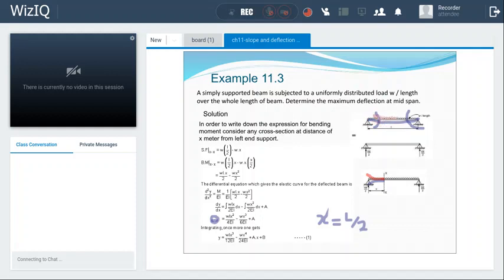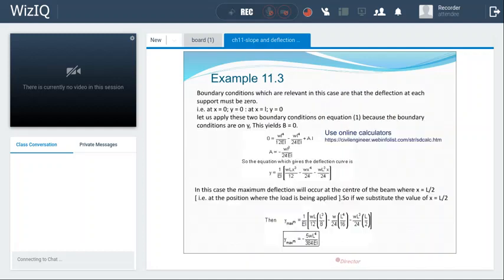So this will be the value for theta A, and this will be the value for theta B. You will get these values with plus and minus, so different signs according to our sign convention. Now we have reached the point to get maximum deflection.